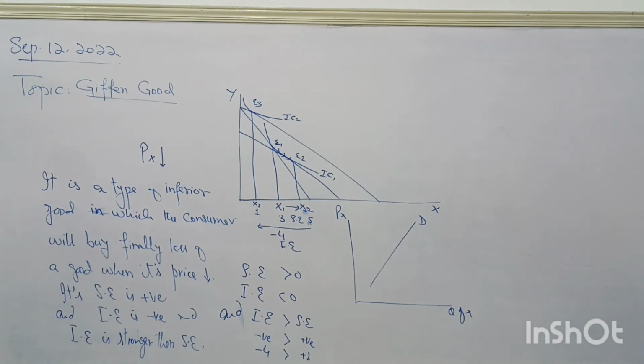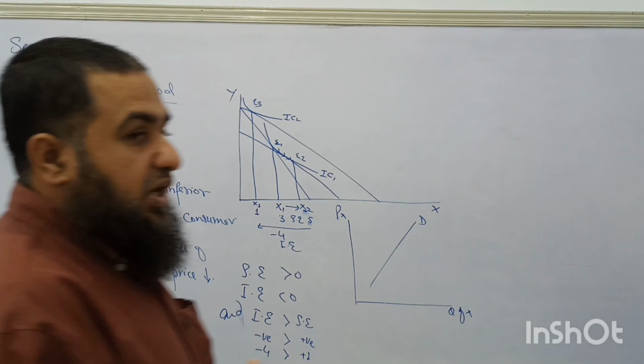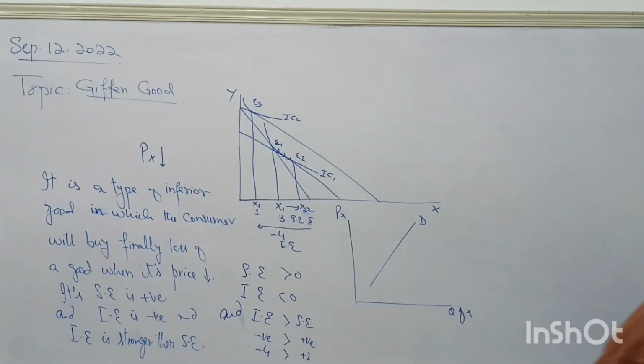Clear? So Giffen goods include those two main categories of goods.